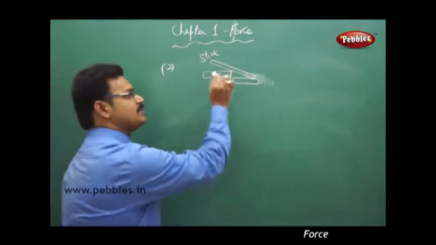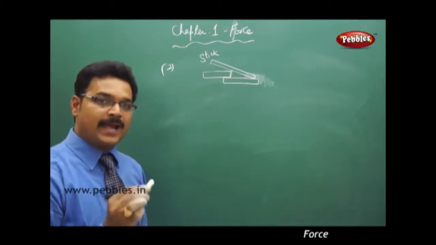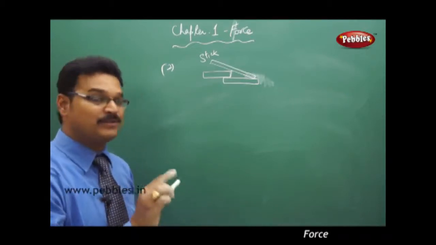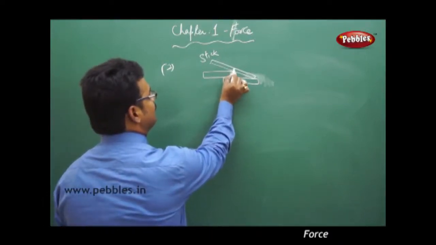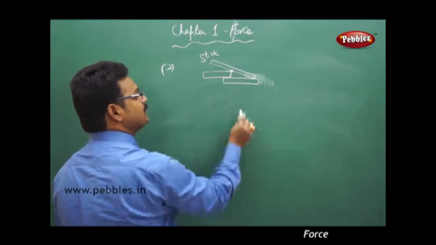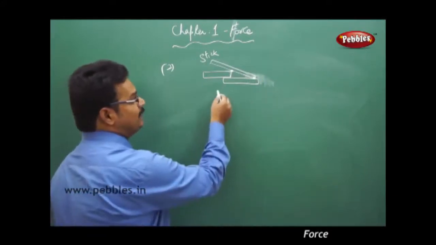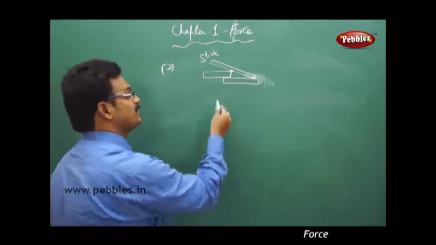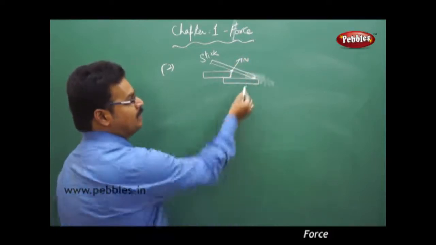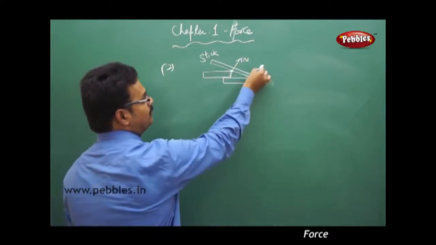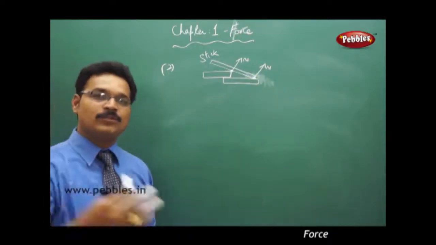You have to show the normal forces there. We discussed that normal force acts at the point of contact and perpendicular to it. So for the first block, the point of contact of the stick is this. For the second block, the point of contact is this. So the normal force acts perpendicular from the point of contact. So it will be like this. This is a normal force. And this is the point of contact to this normal. This is the normal force. That's it. Go to the next question.